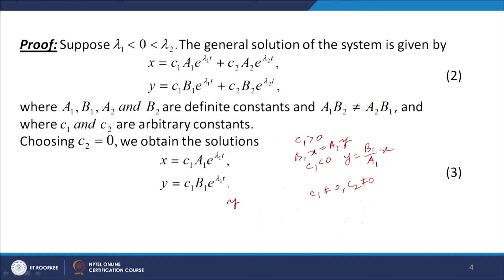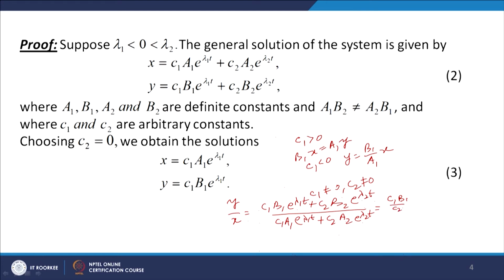Let us look at y over x. So, y over x in this case is C1 B1 e to the power lambda 1 t plus C2 B2 e to the power lambda 2 t divided by C1 A1 e to the power lambda 1 t plus C2 A2 e to the power lambda 2 t. Let us divide the numerator and denominator by e to the power lambda 2 t. First let us divide by C2.